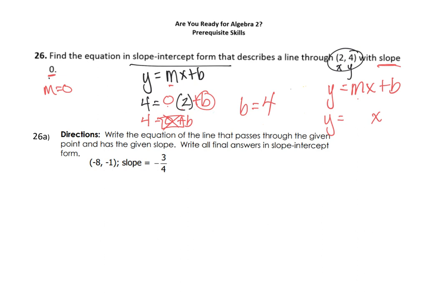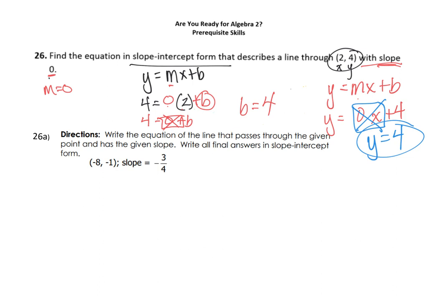It says with a slope of 0, so our slope has to stay the same here. So the slope is going to stay 0, and our new b value is 4. Now, if we have 0x right here, we don't leave 0 in front of a variable, so we would just take that out of the equation and say y equals 4, which does make a horizontal line. Again, we'll talk more about those things later.